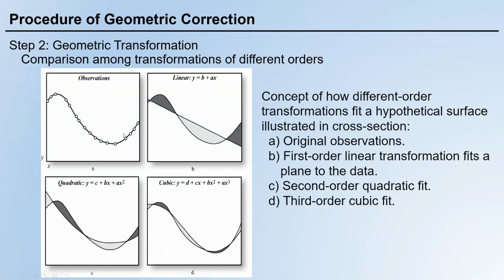All these points are observations, connected by this curve. You can just consider this curve as your observation, or all those points connected by this curve as observations. It doesn't matter. This is the result of linear transformation or linear fitting.